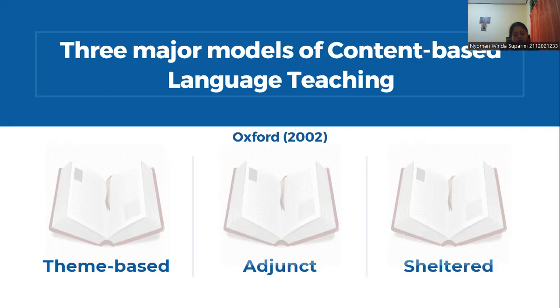Since this model requires a linking or adjuncting between language and content, it could be implemented only with college or university students. And the last, we have the sheltered language teaching model, which requires students to learn knowledge about the subject in simplified target language to suit their proficiency level.